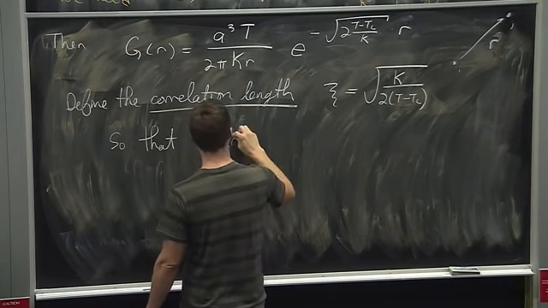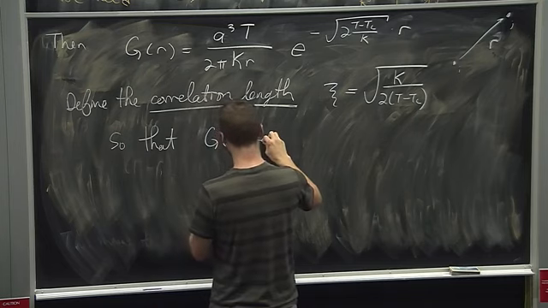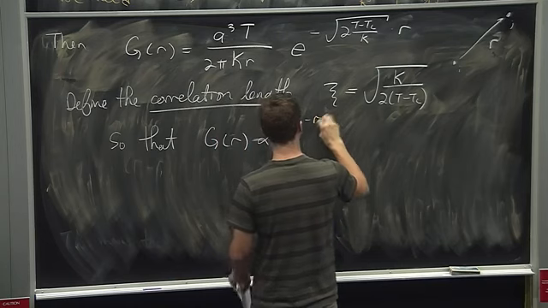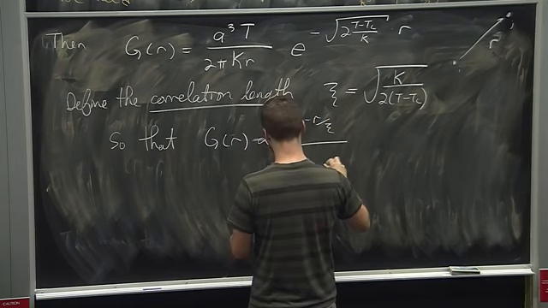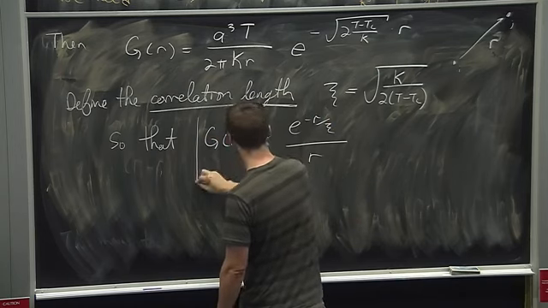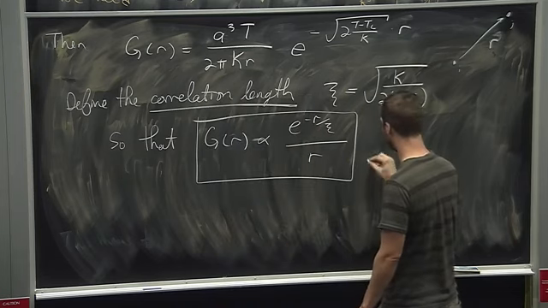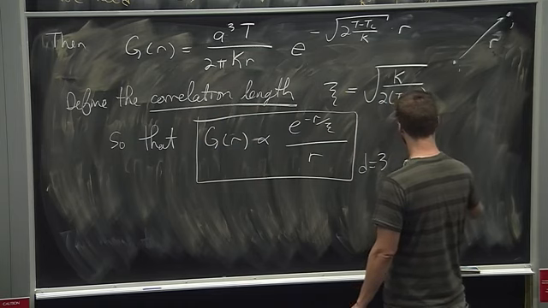So that G of R is proportional to e to the minus R over xi. And this is for D equals 3 only.